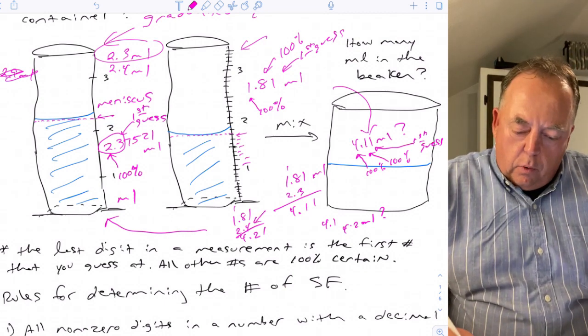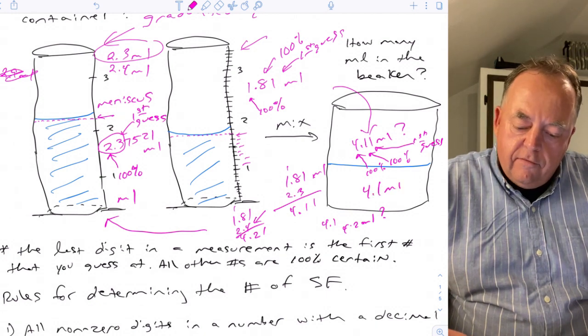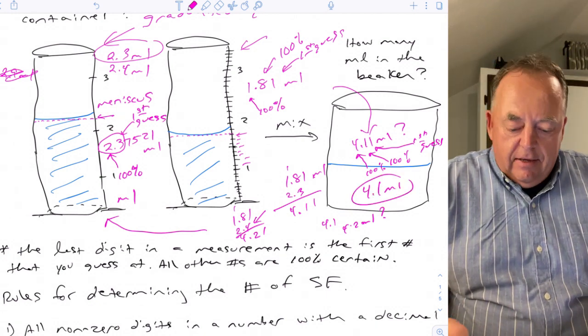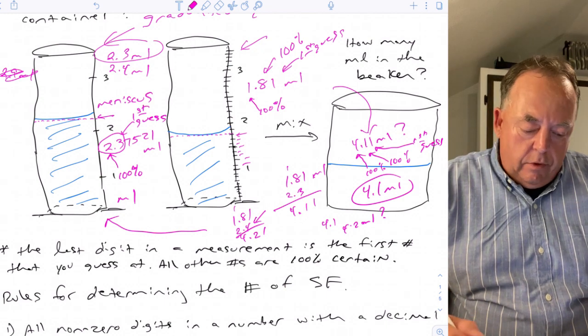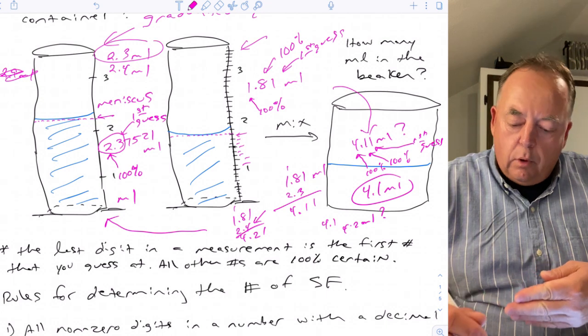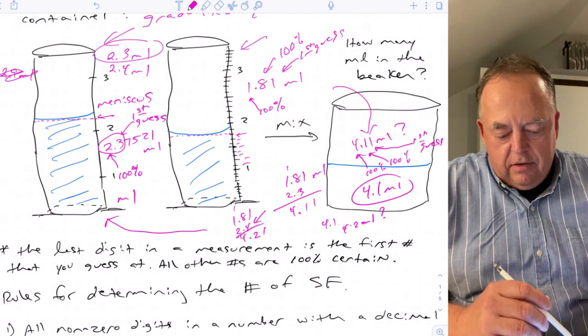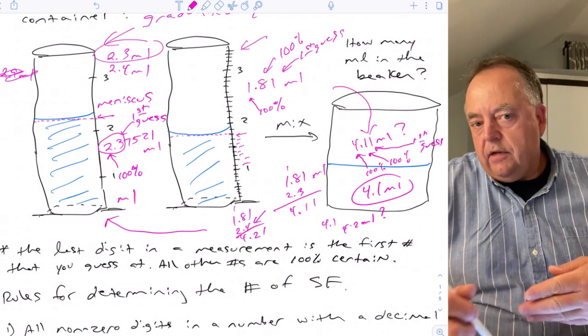So you cannot report the answer as 4.11 mL. You would say 4.1 mL, for example, would be fine. So when you make the measurement, how many decimal places you report the answer to is dependent on the measuring device that measures to the least number of decimal places.